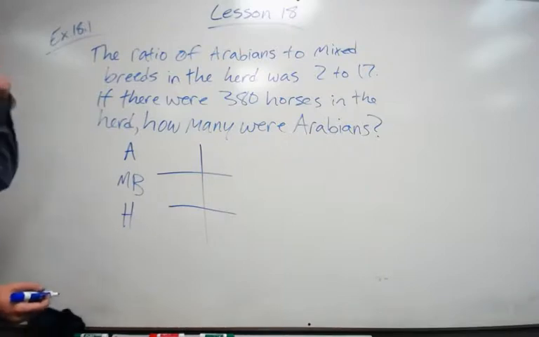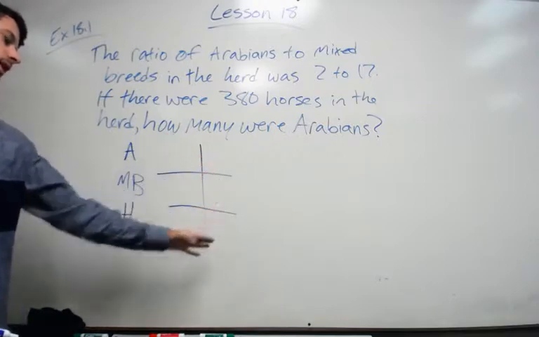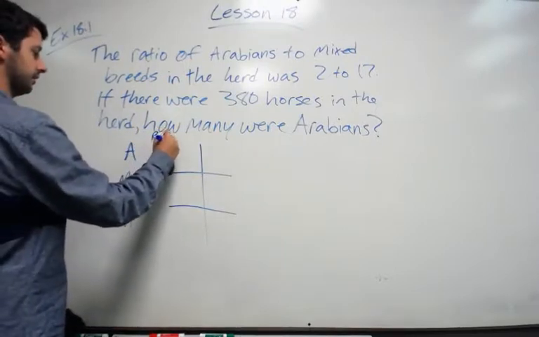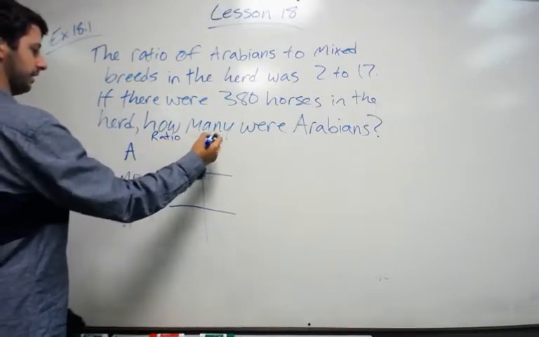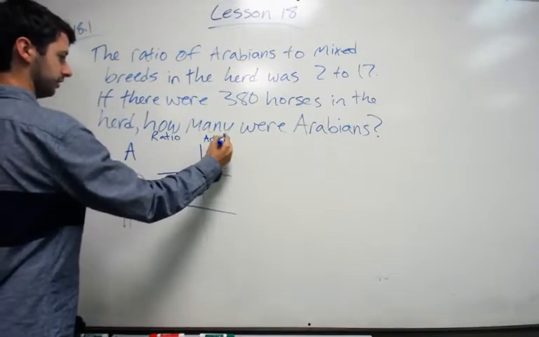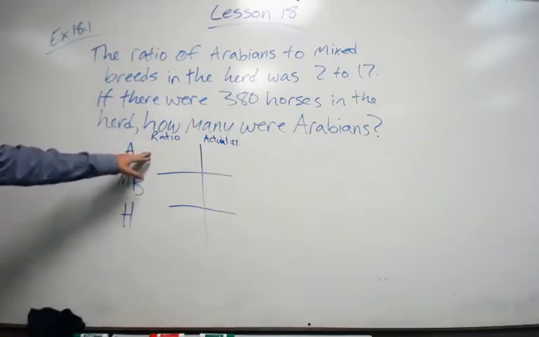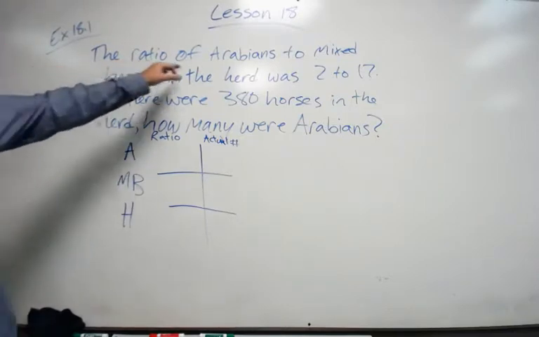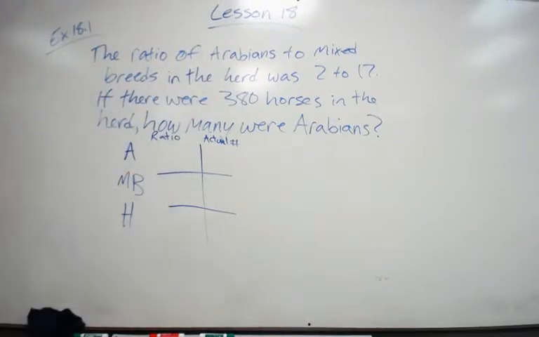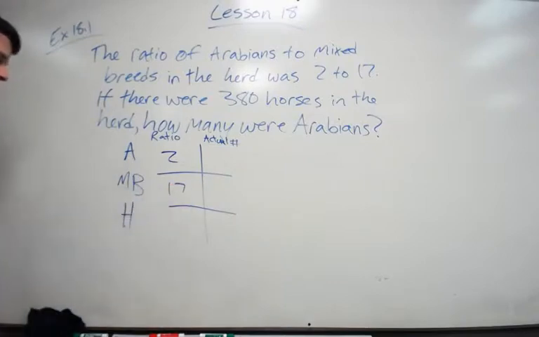Now, we have to look at our columns. We're going to have a ratio side and an actual number side. So let's see what ratio it gives us. It says ratio of Arabians to mixed breeds was 2 to 17. So 2 Arabians, 17 mixed breeds.